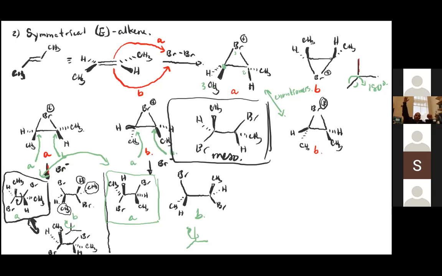So basically the bromine associates with one side, you form the bromonium ion from one side of the alkene. That backside displacement, the bromide opening, is technically an inversion of one of the carbons, okay? But the other carbon has not changed its configuration.